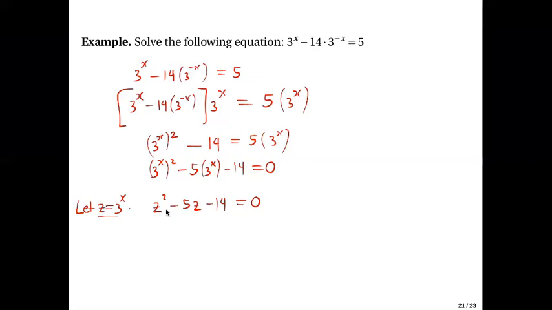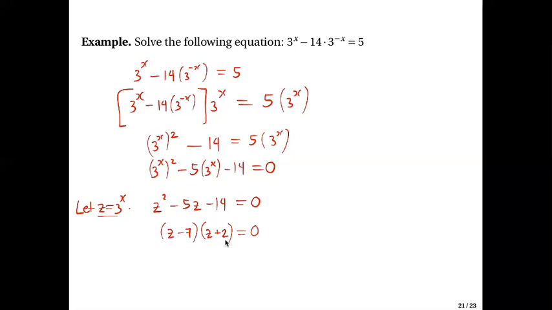Then you can solve this using factoring, using the quadratic formula, whatever you want. But let's try factoring here. You can factor this expression. Try to practice on that. This guy here, it's z minus 7 times z plus 2. So try to practice on factoring.